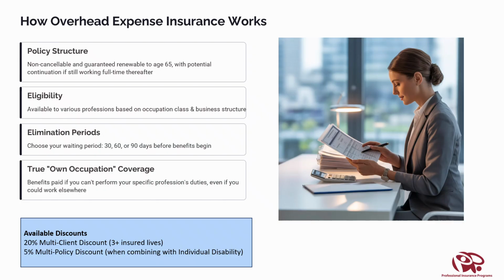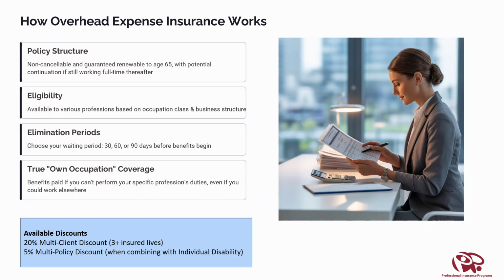To make the policy more cost-effective, you may also qualify for discounts, including a 20% multi-client discount for 3 or more insured individuals and a 5% multi-policy discount when combining this coverage with individual disability insurance. All of these features help ensure your policy is tailored to fit your specific business needs.